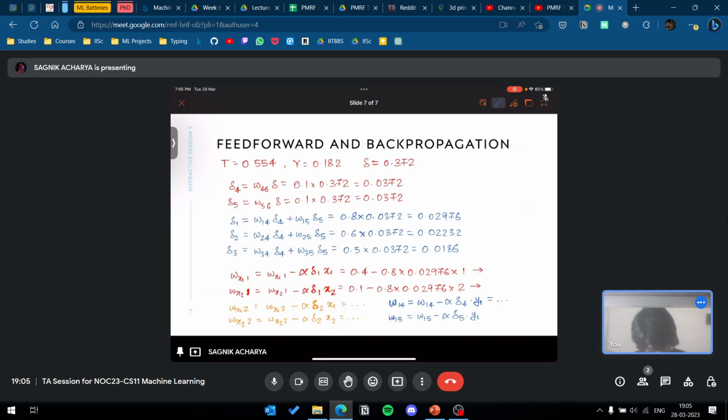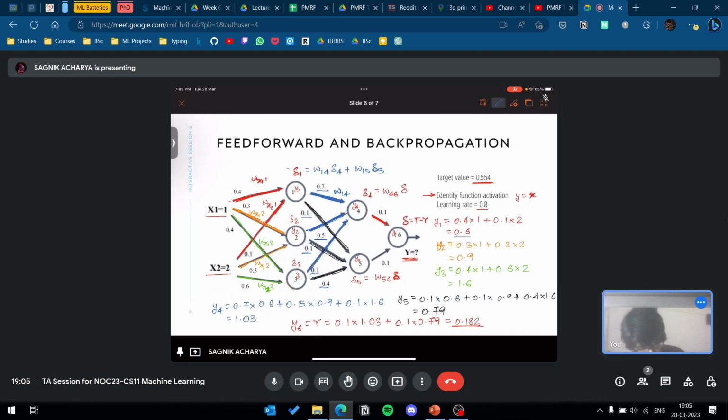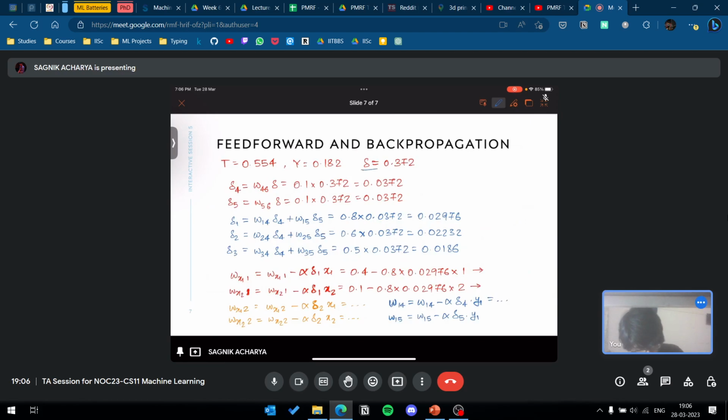And finally, if you want to calculate w46 and w56, those are given by w46 minus alpha times delta times y4, and w56 minus alpha times delta times y5. So delta is equal to this value over here, 0.372 then. Okay, so this is how you calculate all the updated weights.